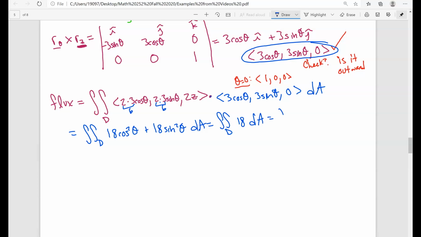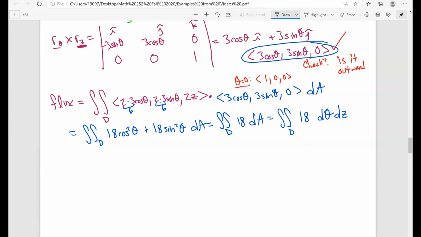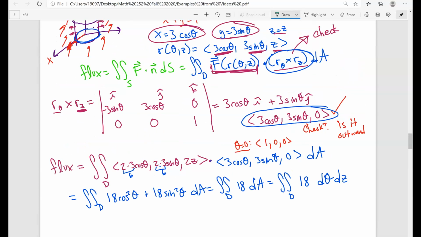So this is the double integral over the region D, but because we used z and theta, it's going to be 18 d theta dz. No polar at all, because my only two variables are whatever the parametric equation had, which were theta and z.